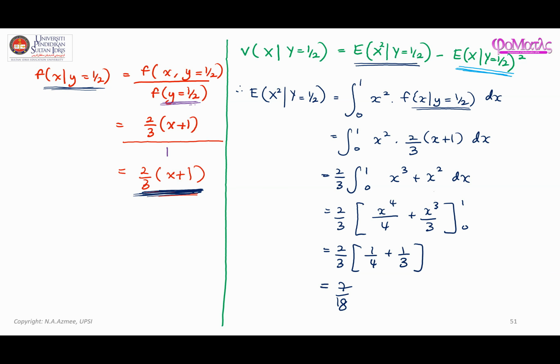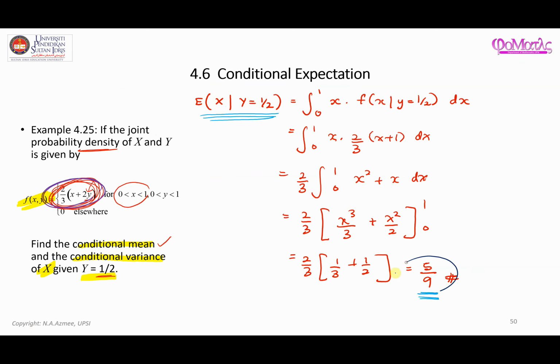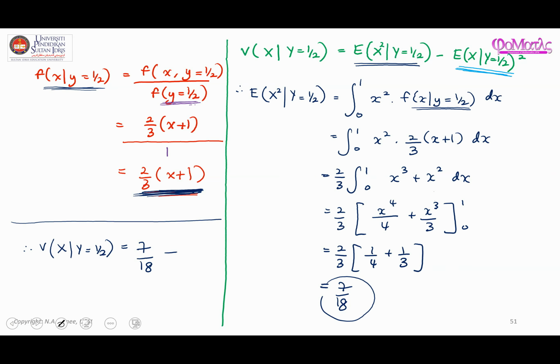We're not done yet, because we need to find the variance. The conditional variance of x given y equals half is 7 over 18 minus this value, 5 over 9, squared.